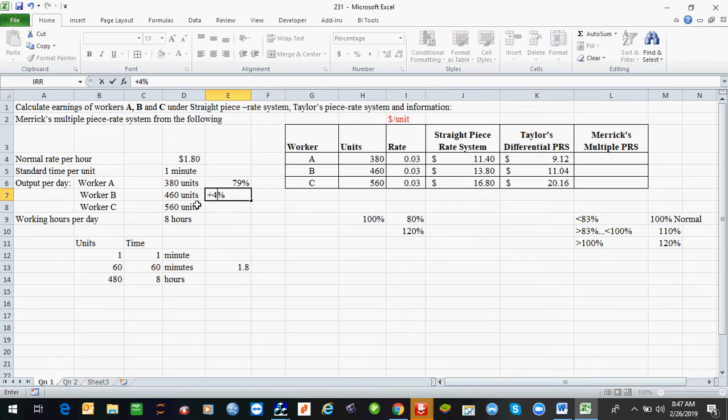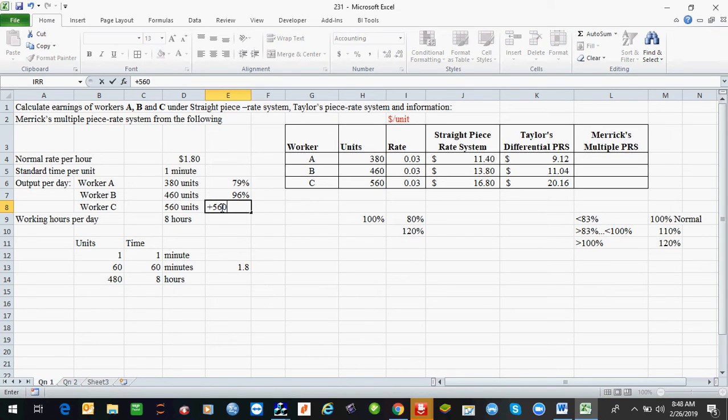Then B, 460 divided by 480, which is 96%, between 83% and 100%.